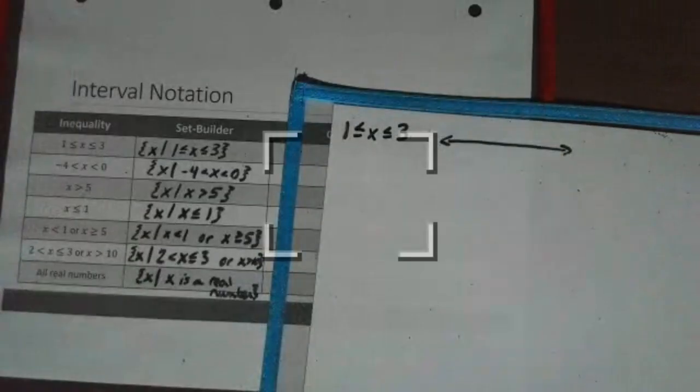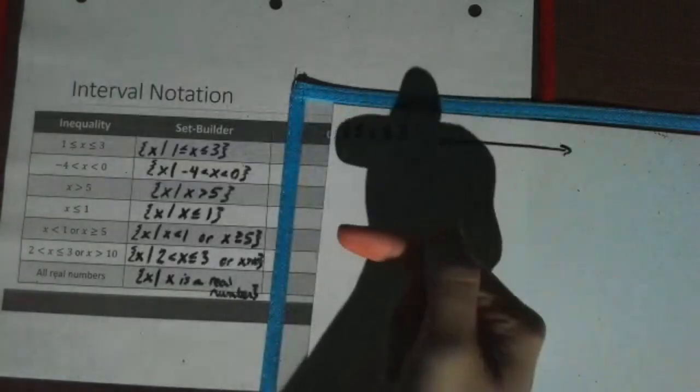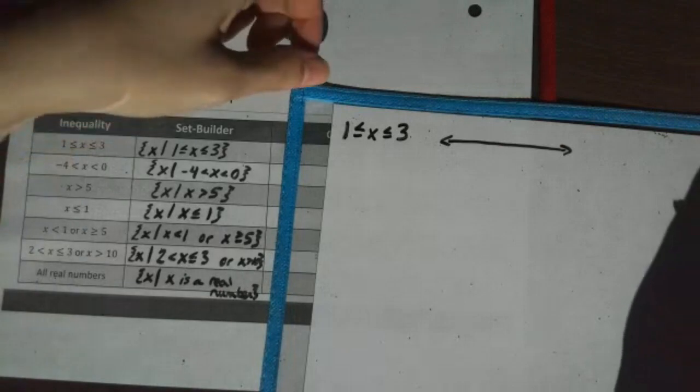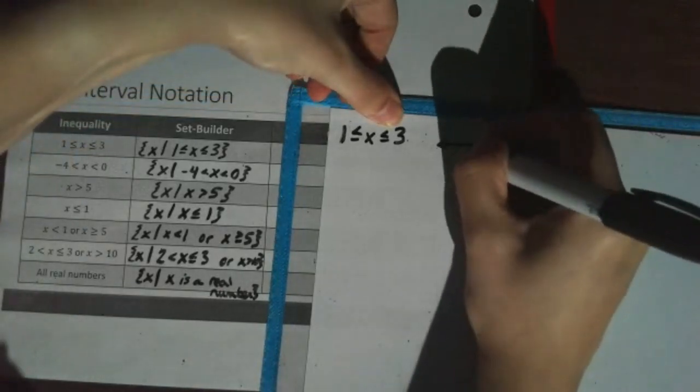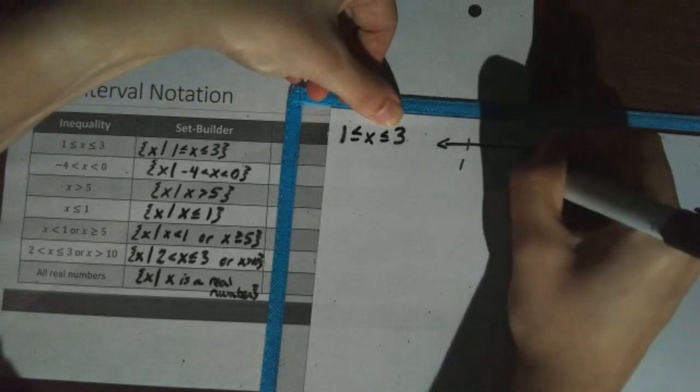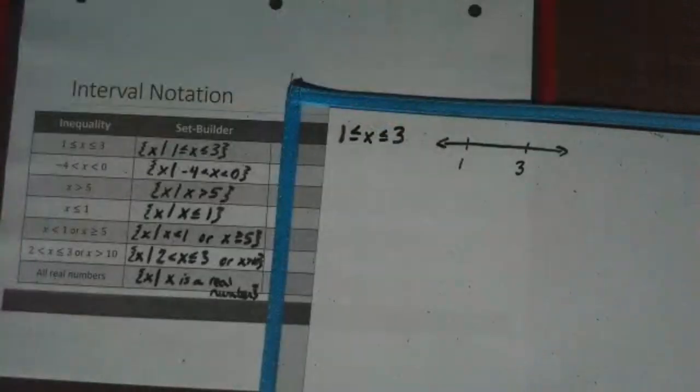On this number line, I have to remember that smaller numbers go to the left and bigger numbers go to the right. So when I write this, I need 1 to be to the left of 3. Those are the only two numbers I care about, 1 and 3. I am going to put circles on 1 and 3.